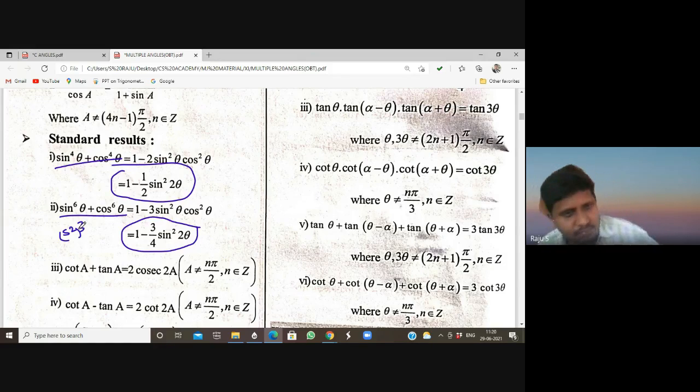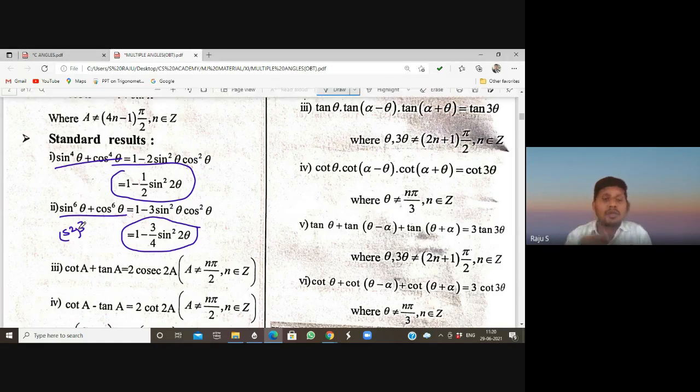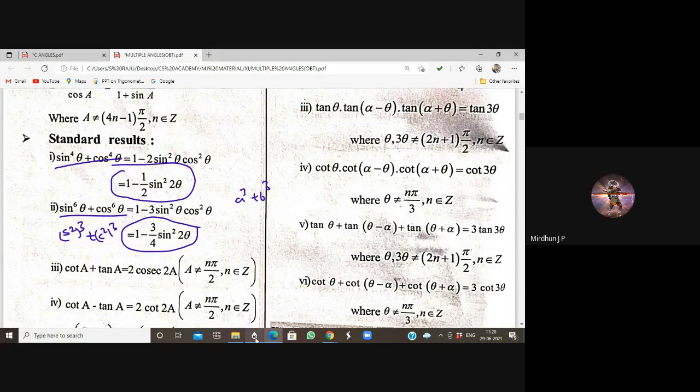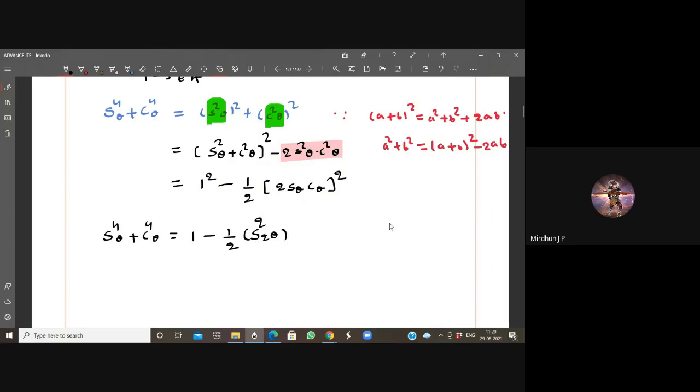It's better to take sin square whole cube. If we take sin cube whole square, there is no formula for sin cube plus cos cube equal to 1. It's better to take sin square whole cube plus cos square whole cube. Now it is in the form of a cube plus b cube. What is the a cube plus b cube formula? a plus b into a square plus b square minus ab.